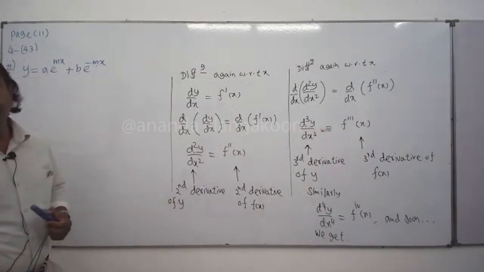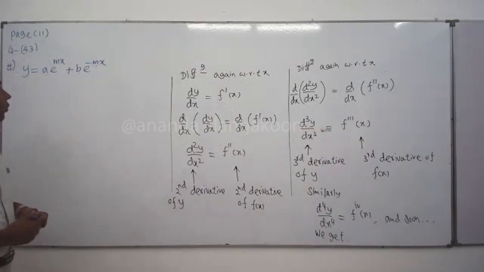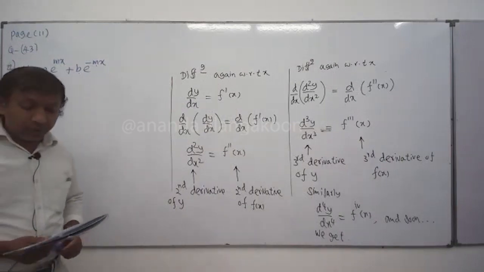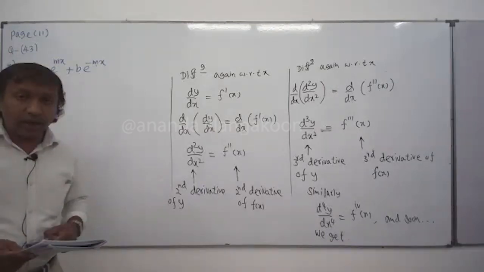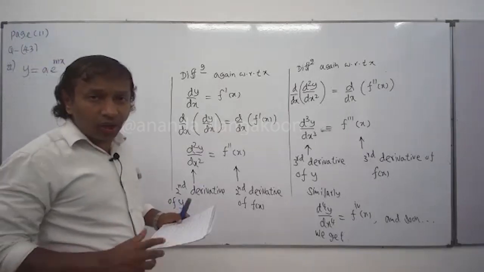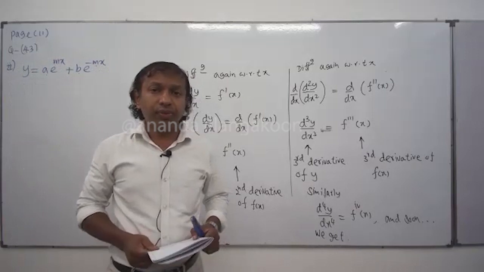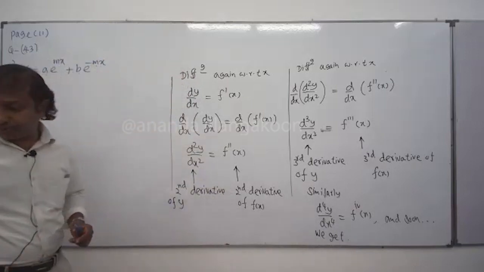Unless otherwise given, people, we assume they are constant. So now in this case, we have to obtain an equation involving higher order derivatives. People, any equation involving higher order derivatives is called a differential equation.